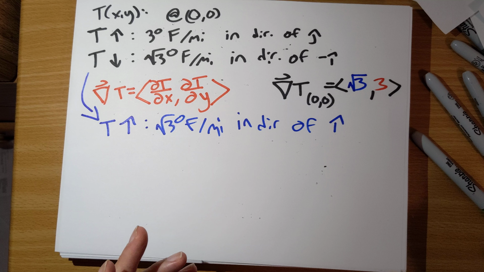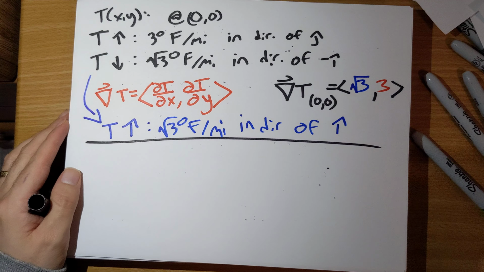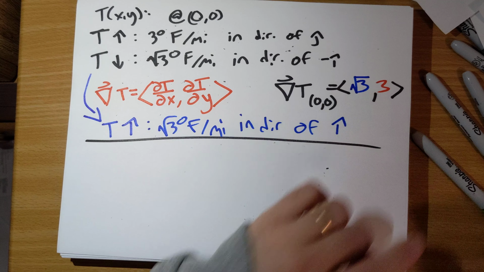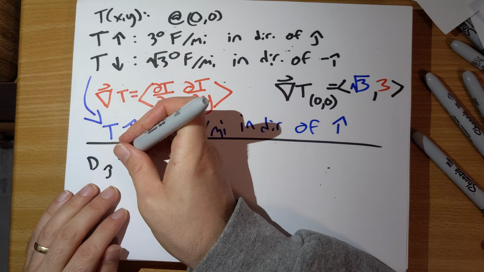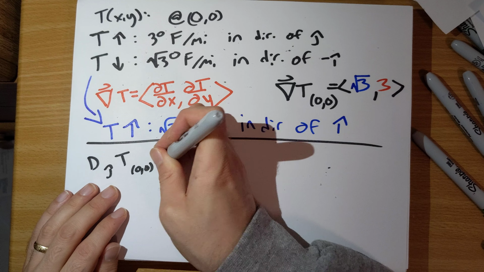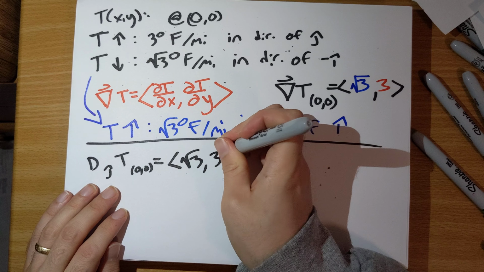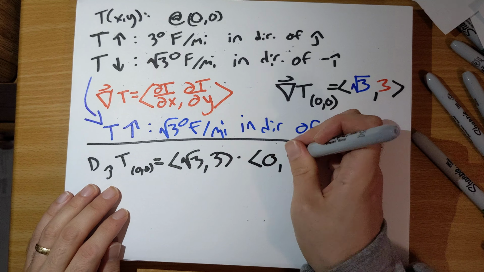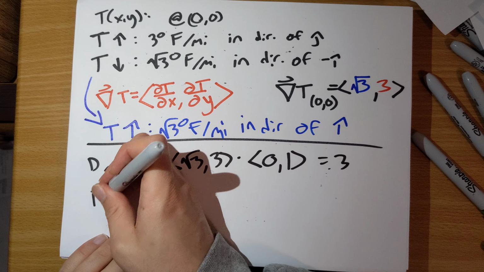Let me just point out, if you're suspicious of this, let's just do directional derivatives in these directions with this gradient. The directional derivative in the direction of j hat of T at (0, 0) is the gradient dot product with j, and this is 3, just as we expected.